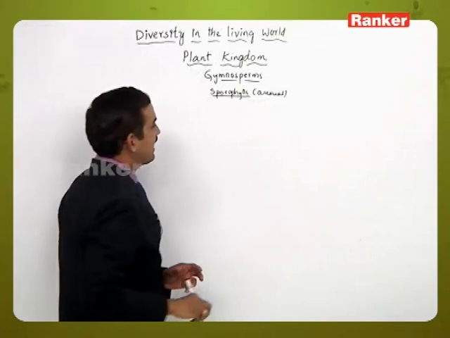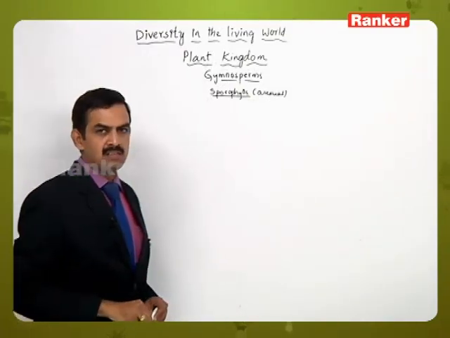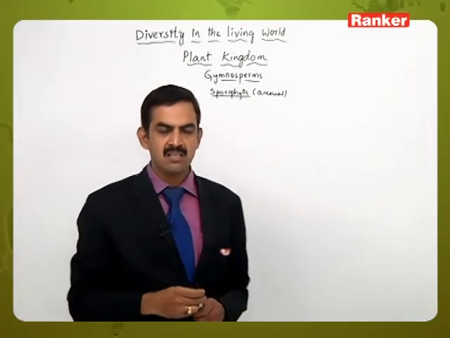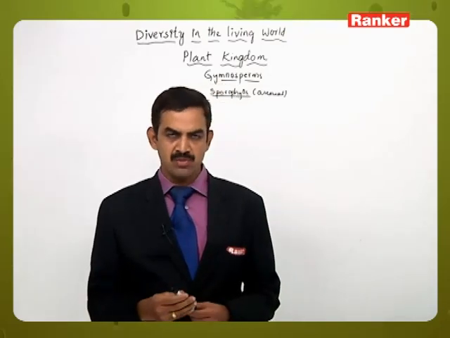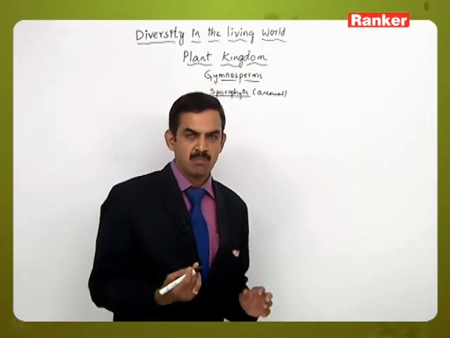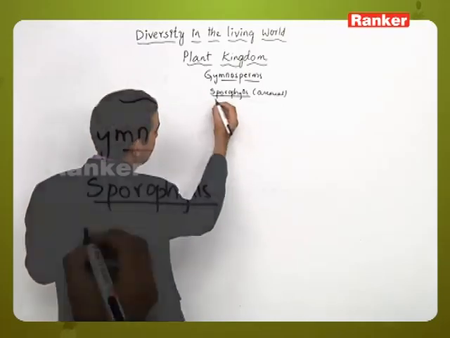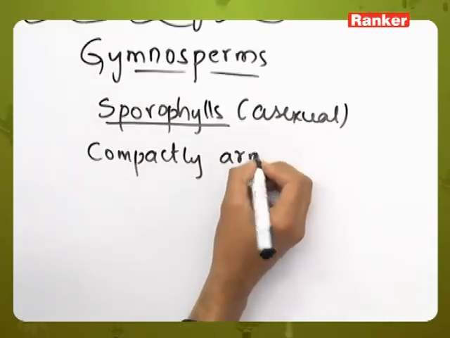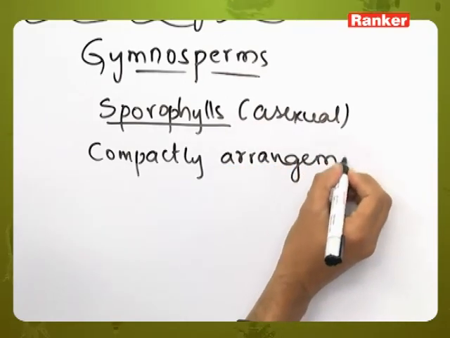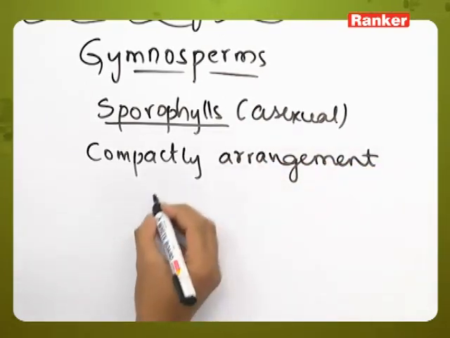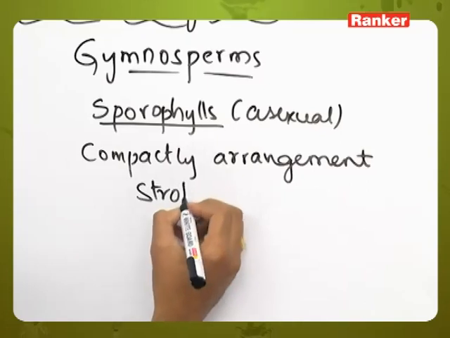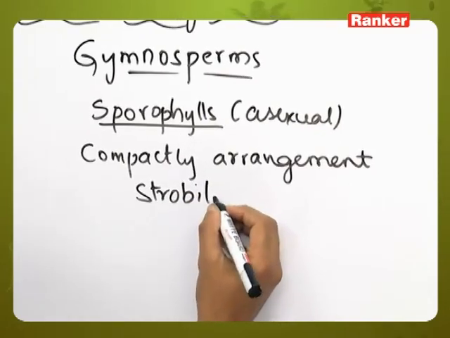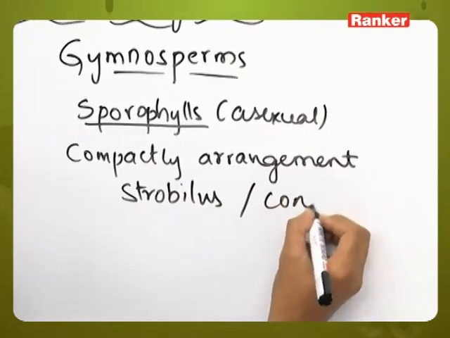The sporophylls may be formed either from the apical meristems or sometimes not. Here the compact arrangement of the sporophylls can be seen. When they are arranged in a compact manner, they form structures called strobili, or strobilus, or cones.